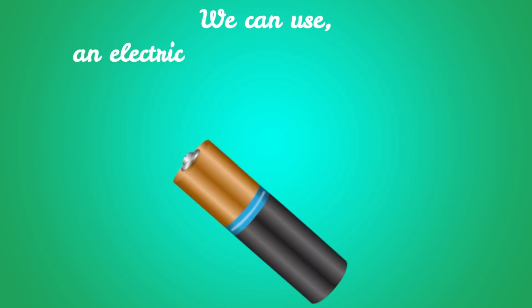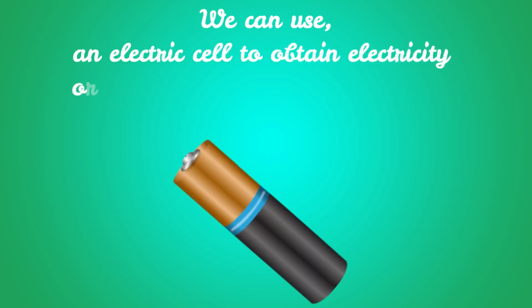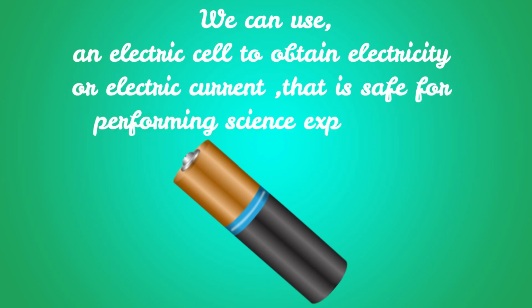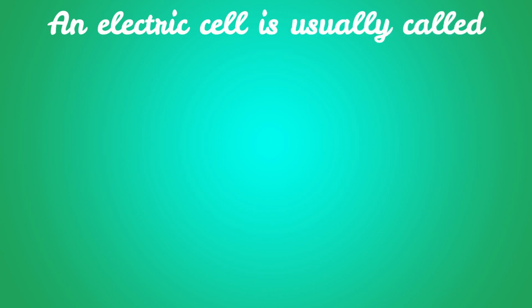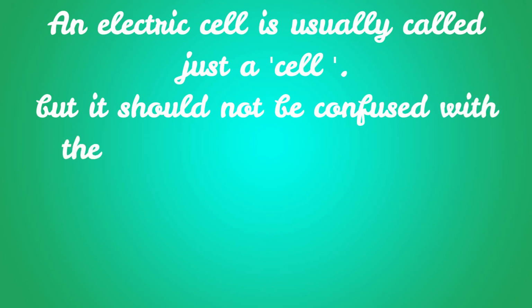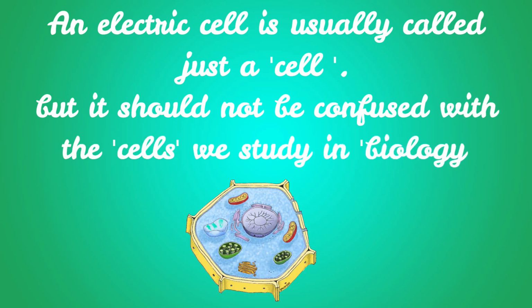We can use an electric cell to obtain electricity or electric current that is safe for performing science experiments. An electric cell is usually called just a cell, but it should not be confused with the cells which we study in biology.